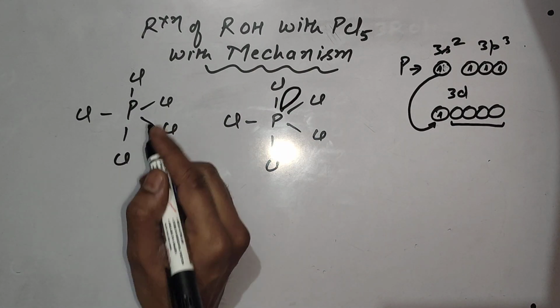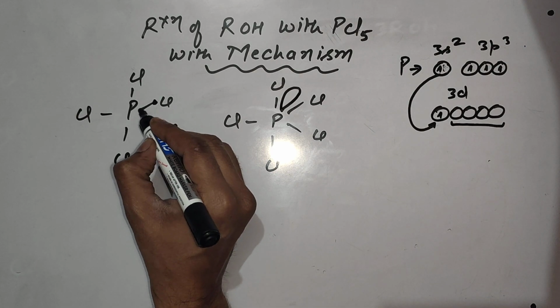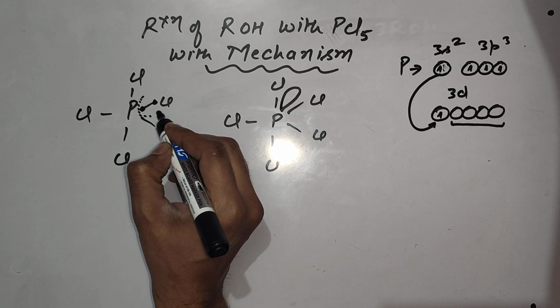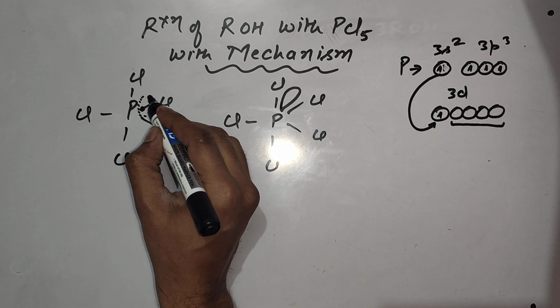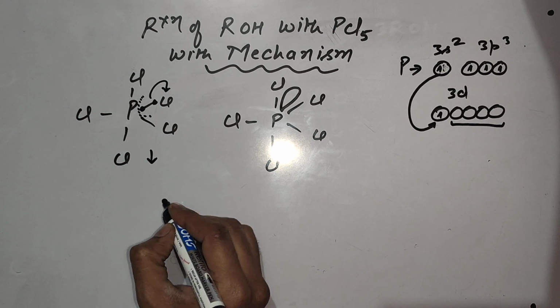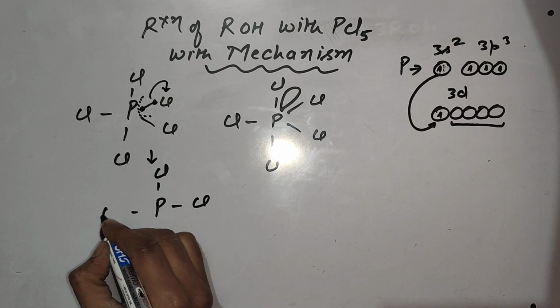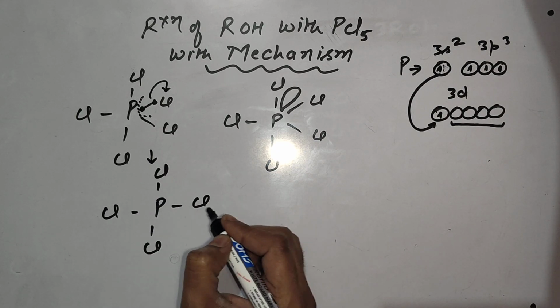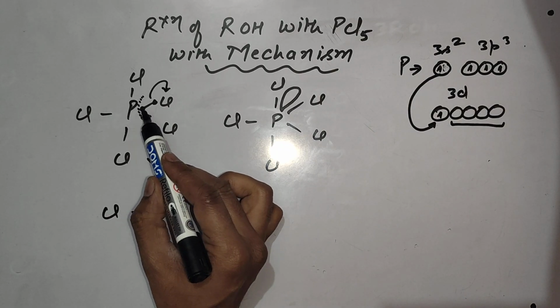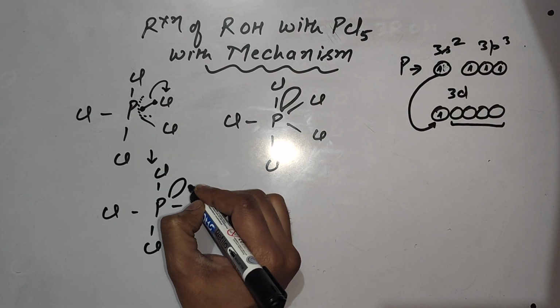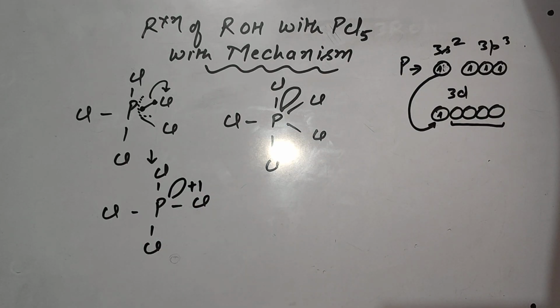Now out of two, in one PCl5 the chlorine and phosphorus bond will break. How? Obviously chlorine electronegativity is more than P, so the bond will break like this. And this PCl5 molecule will turn to PCl4, because now this P has lost one of its electrons, so a vacant orbital will generate and a plus one charge will develop on it.